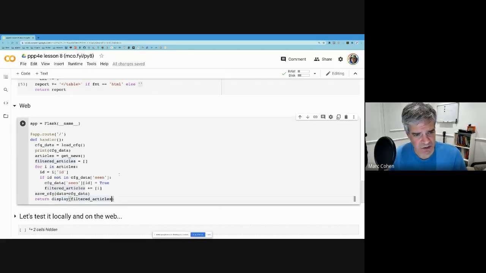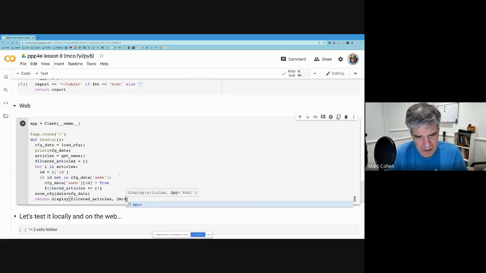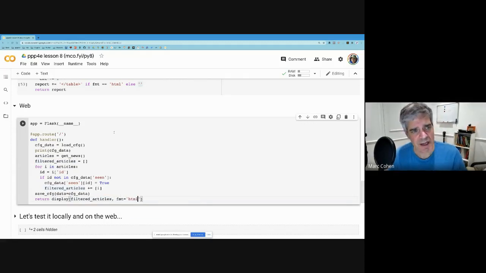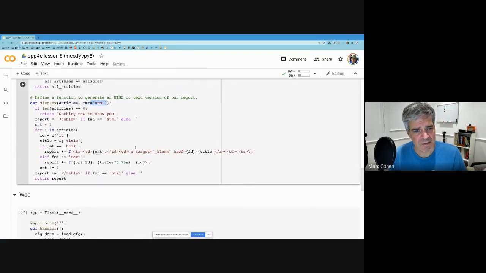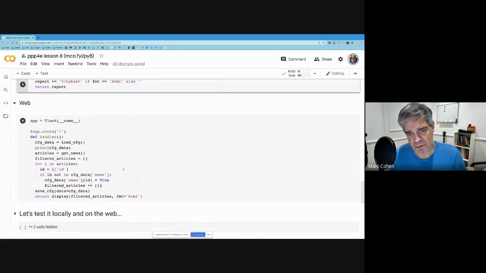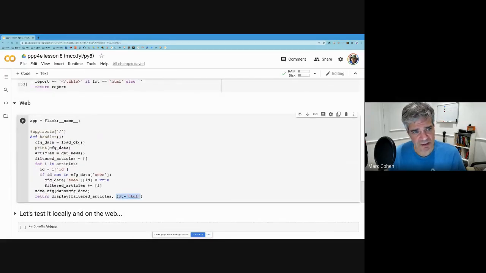Since I'm assumed to be web here, I could hard code this to say format equals HTML. I don't technically have to because I made that the default value, but maybe just to be safe, in theory, someone could change that default at some point. And I know I always want HTML because this is part of a function that's specifically serving this app for web clients. And so I'm going to make this explicit and say format equals HTML.